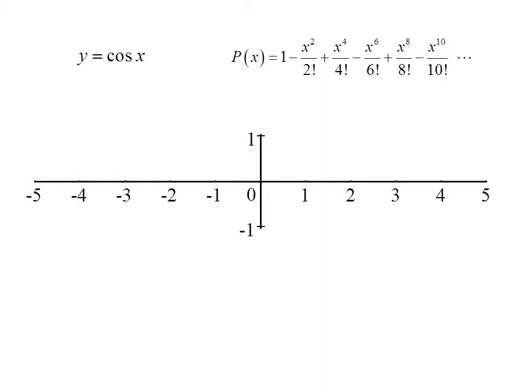Now let's graph our approximation to see how close it comes to our original function. First, we graph y equals cosine x. Now we'll graph our approximation. But first, I'll just graph the first term, p of x equals 1.